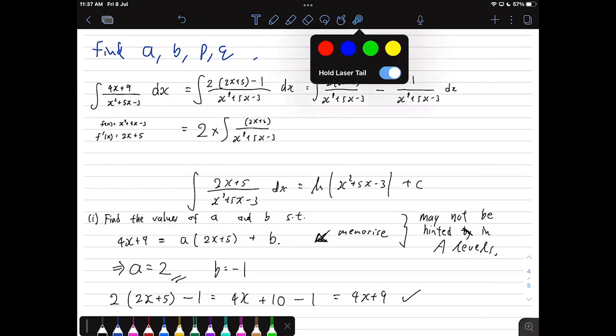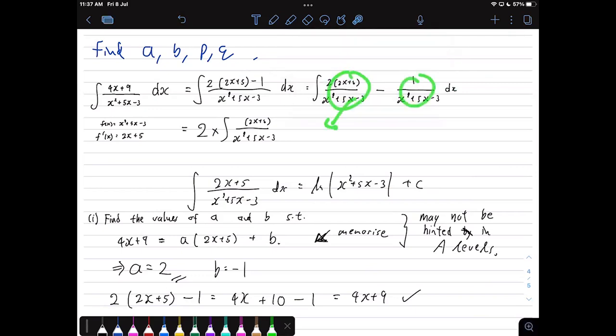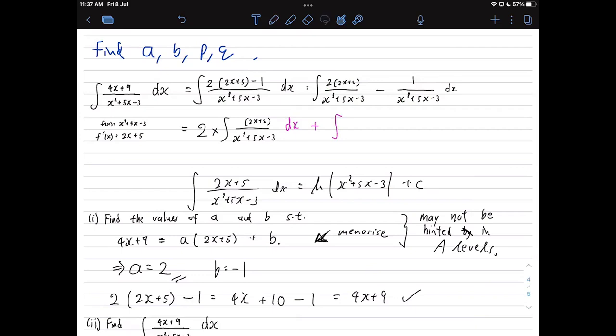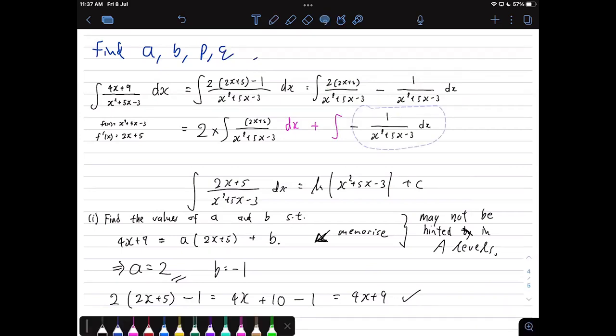You know you can split up, right? Integrate term by term. So I can integrate dx, and then I add on integral of negative whatever dx. Of course, you can take out the minus straight away, so you'll be left with a minus in front. Then integrate 1 over whatever dx.